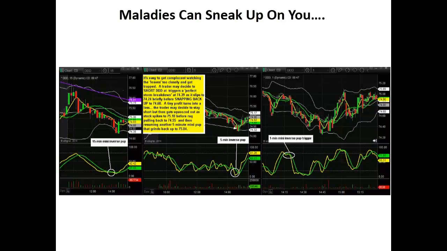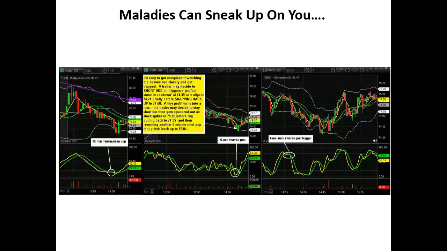74.60, if they break that, then maybe I'll keep a stop. And then as the 1 minute tests the 74.60, and then it spikes through the 74.60, you start to get worried. Get a pullback to the 1 minute 50 period moving average in the cyan blue, and then the next thing you know, the 1 minute forms a mini pup and spikes up to 74.90s.